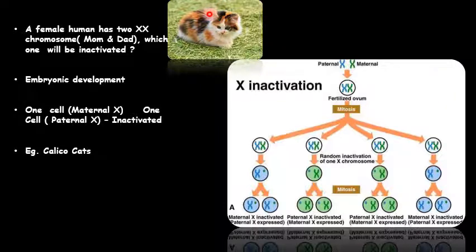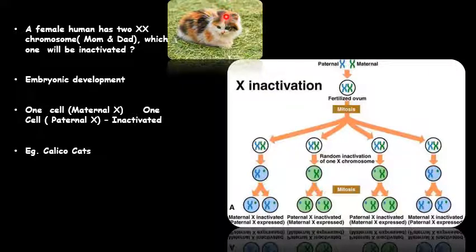So during embryonic development, this X inactivation would have been carried out. Say from the father it has inherited black. So the cells present in this particular region would have this father X chromosome, and the mother X chromosome would have been inactivated here. That is why it has only a black patch here.